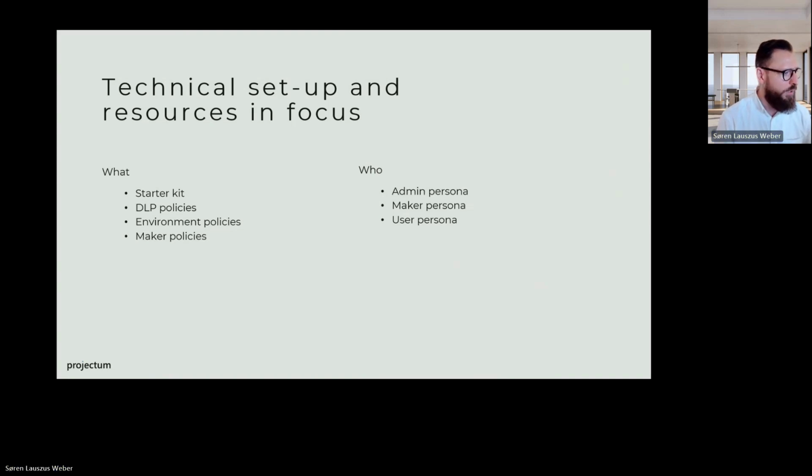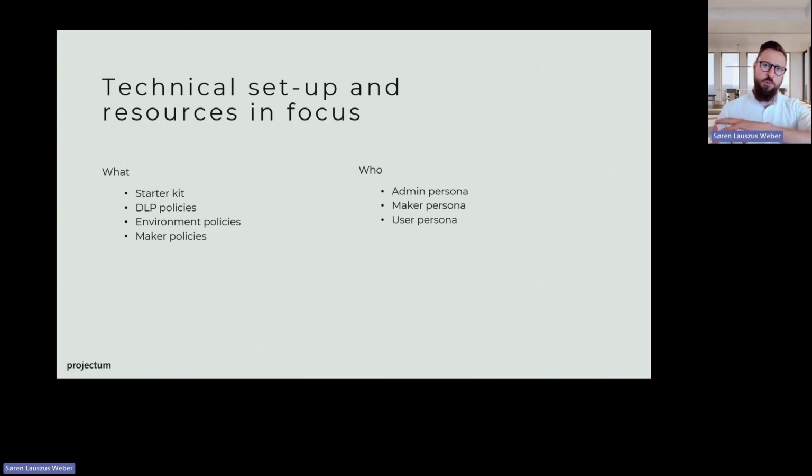So we're going to go through the actual Center of Excellence Starter Kit now and have a look at that. There's a little bit about DLP policies, environment policies, maker policies, and then there are also some different personas we should think about. There's the admin persona, the maker persona, and the user persona.